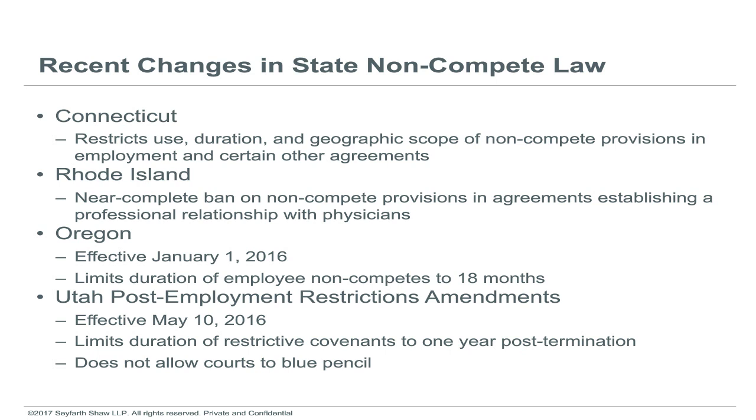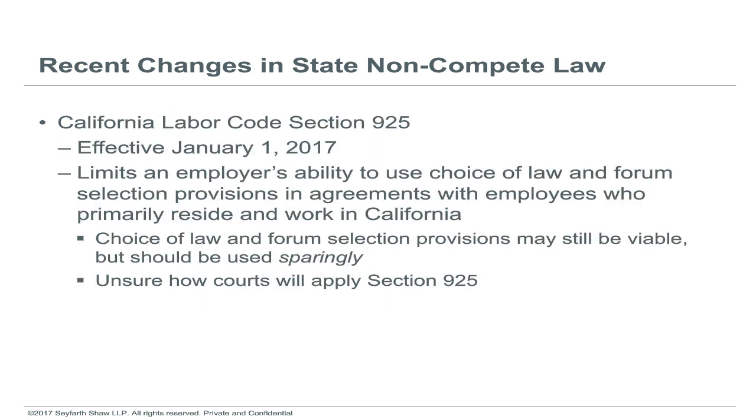Lastly, in this category, one thing you should be aware of is that there was a change in California law as of the beginning of the year. It applies to agreements that are conditions of employment with employees, and it prohibits employers from specifying a non-California choice of law and a non-California forum for disputes in those agreements.